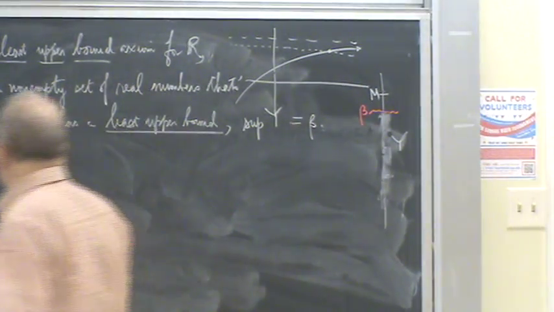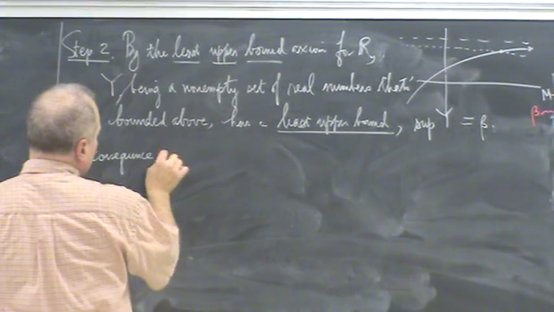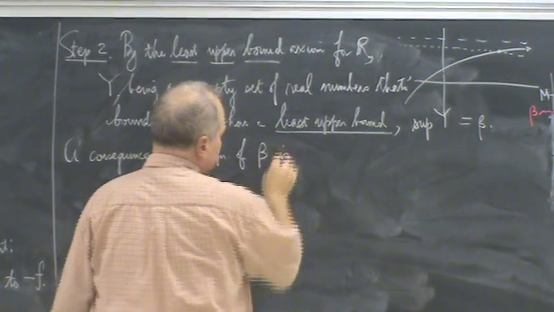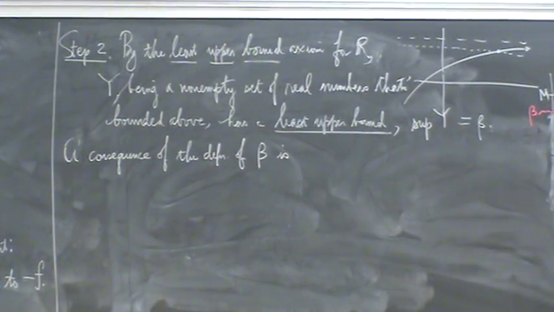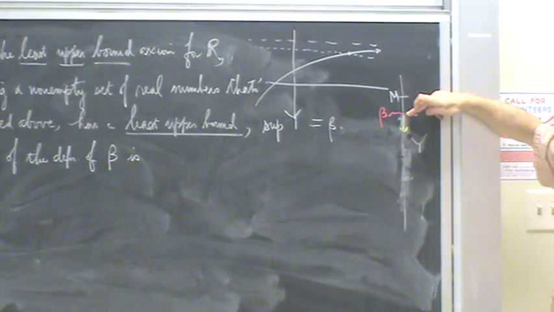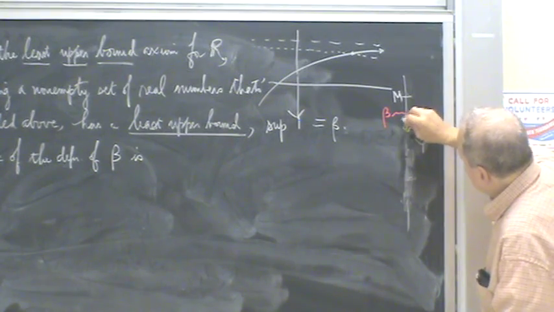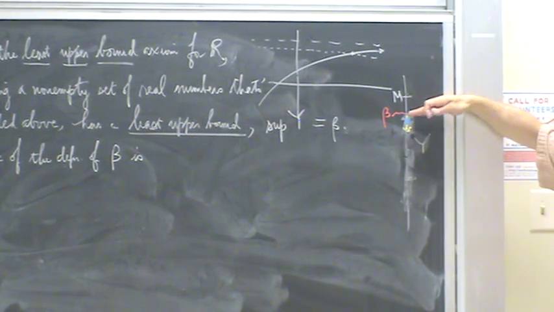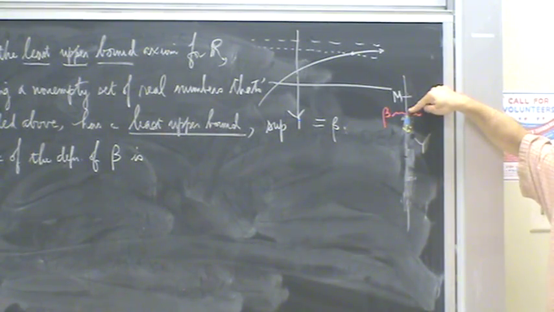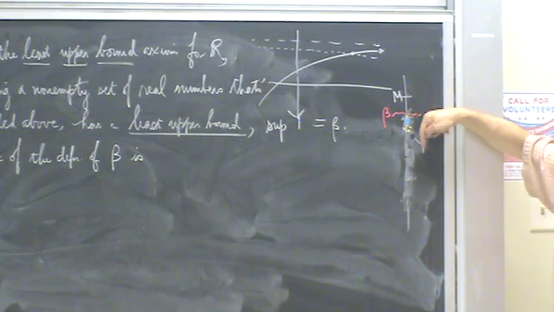And let me remind you that a consequence of the definition of the least upper bound is that if you specify any distance, no matter how small, that you want to move below beta, there have to be elements of the set in that interval. There have to be elements of the set y within this prescribed distance of the number beta. Because if there were no such y, gravity would have tugged beta down lower.